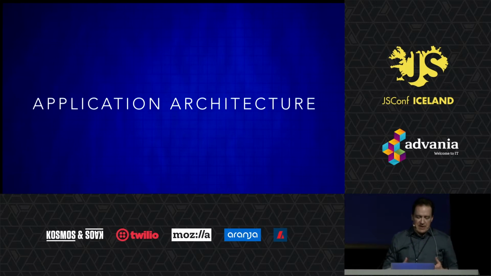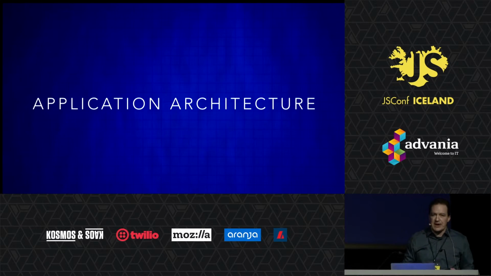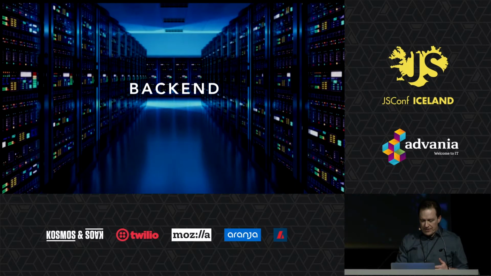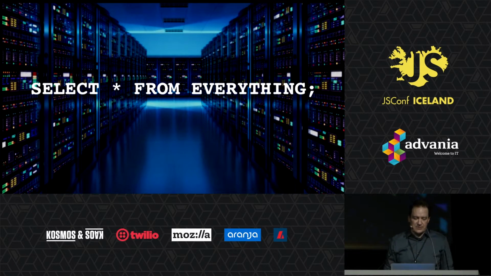So we need to step back a bit to figure this out in terms of our application's architecture. Let's back way up, look at the architecture of most web apps. On the back end, engineers have virtually unlimited processing power and access to everything in milliseconds.